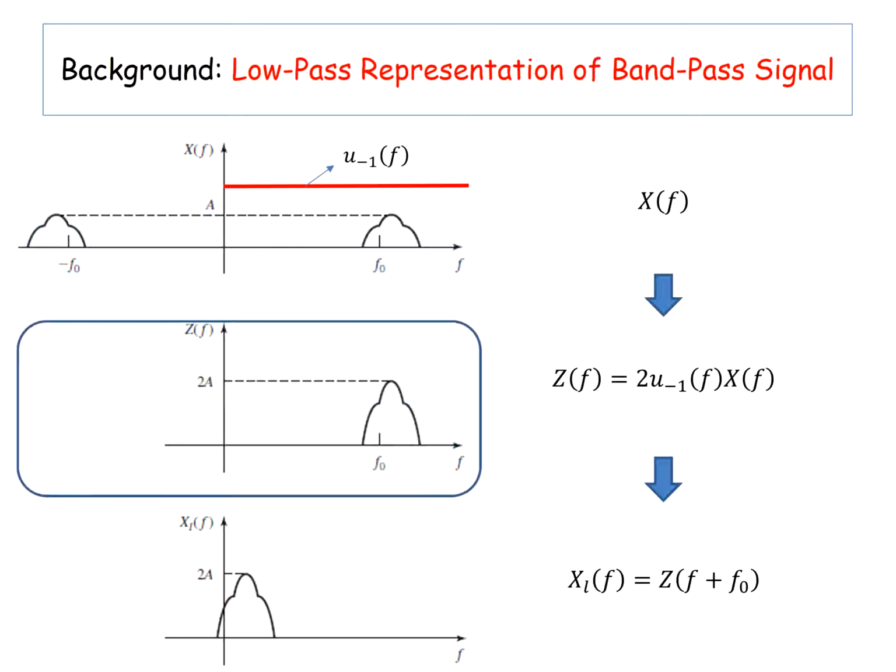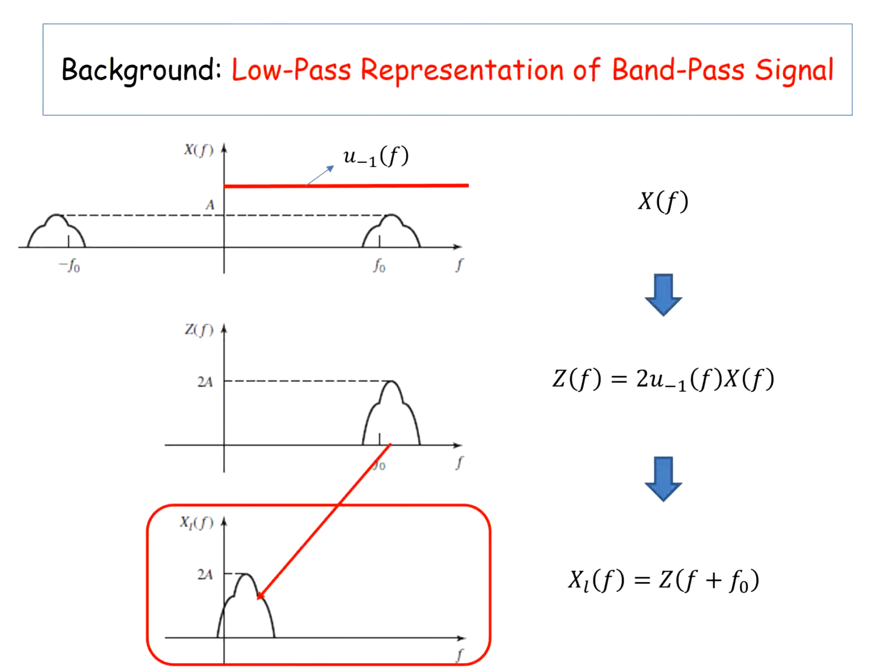The resulting spectrum is denoted by Z of f. Finally, shifting Z of f to the left by f0, the low-pass representation called X sub L of f is generated. The time domain representation of this signal can also be written in terms of z of t.